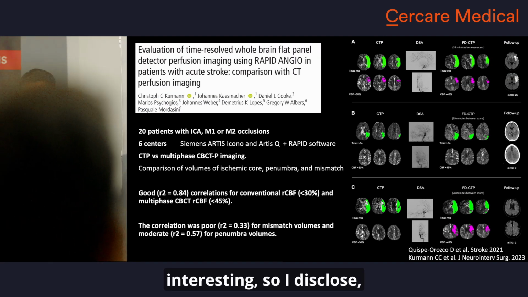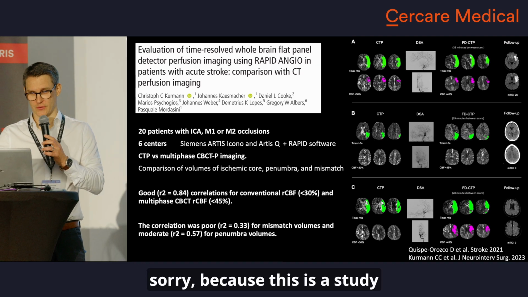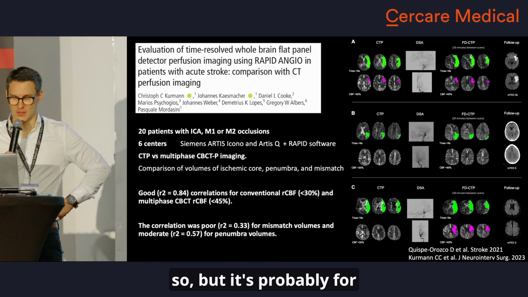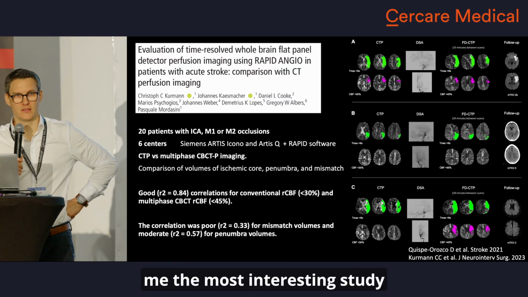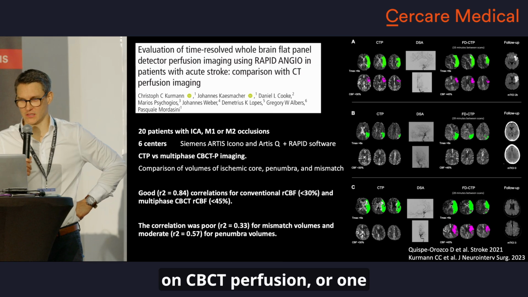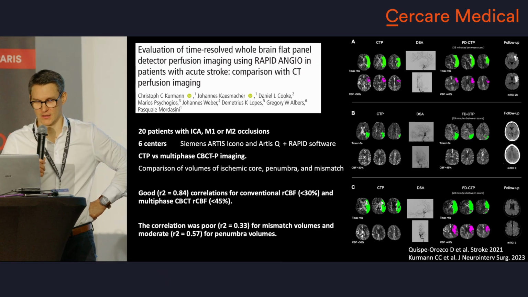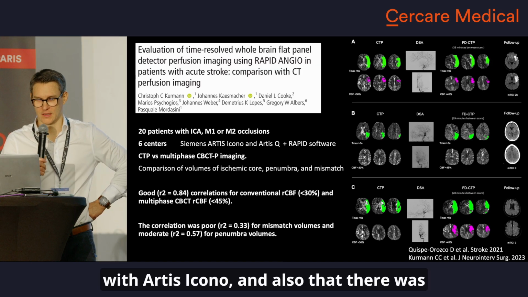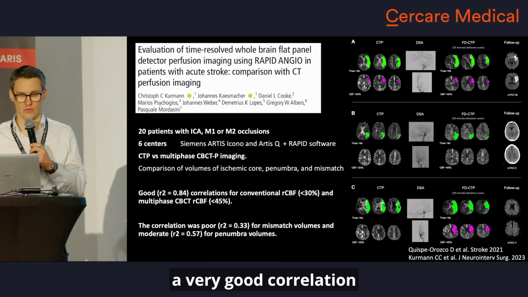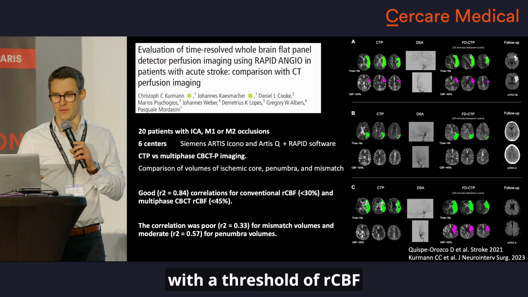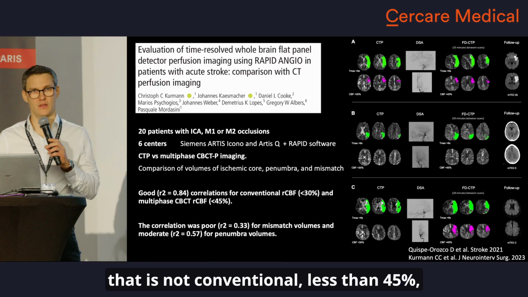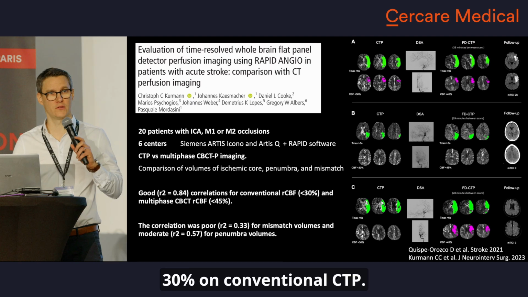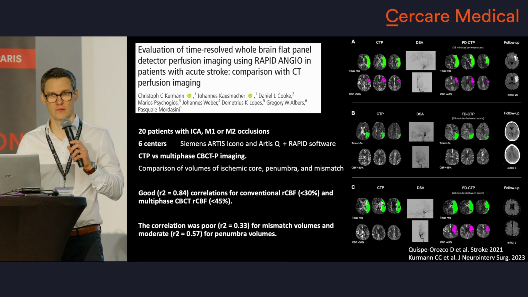This one's more interesting, so I disclose, because this is a study where there was Johannes Kessmacher, but it's probably for me the most interesting study on CBCT perfusion, or one of the most interesting, where they show that this is highly feasible with ArtistQ, and also that there was a very good correlation with a threshold of RCBF that is not conventional, less than 45%, instead of less than 30% on conventional CTP.